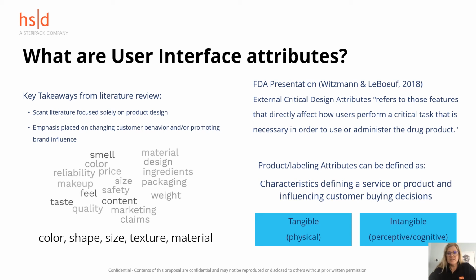In an FDA presentation by Wixton and LaBeouf, critical design attributes were defined as all things necessary in order to use or administer the drug product. This is a broad definition and difficult to reduce to practice to its individual elements. This lack of definition further exacerbates the situation in defining design differences of critical design elements.